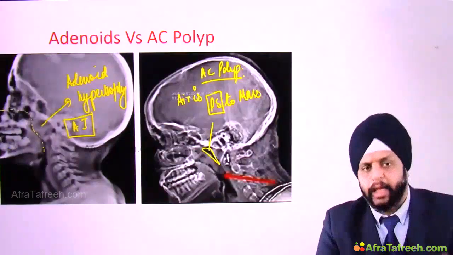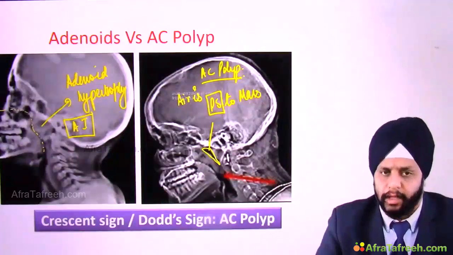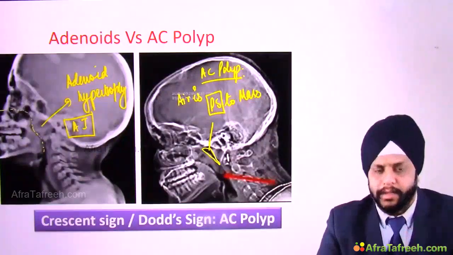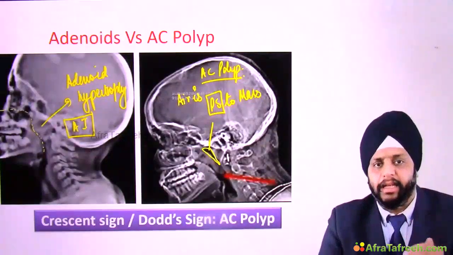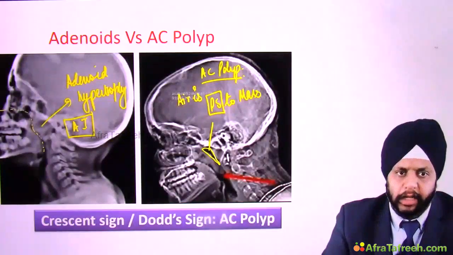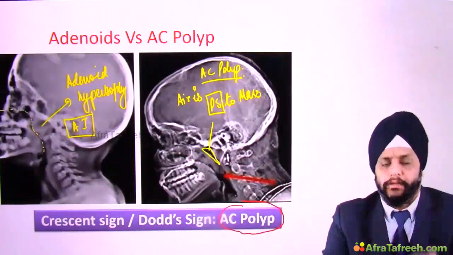This sign is known as the crescent sign or dot sign. So remember, the crescent sign or the dot sign is seen in AC polyp. Just remember, it is seen in AC polyp, and this is how we differentiate AC polyp from adenoids.